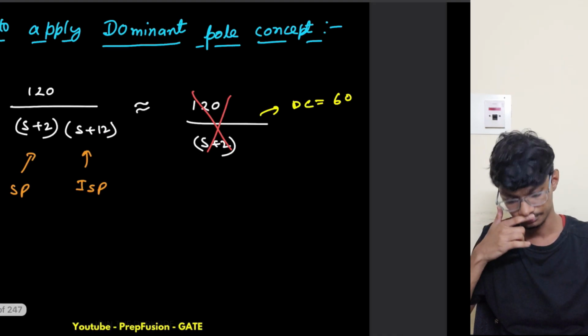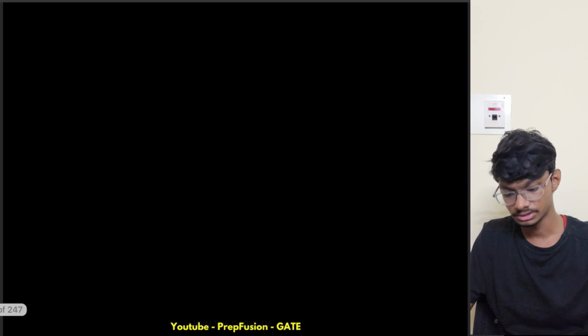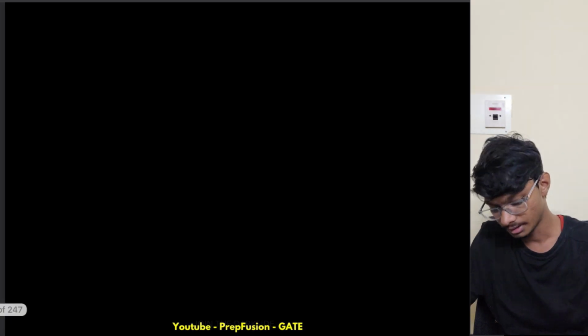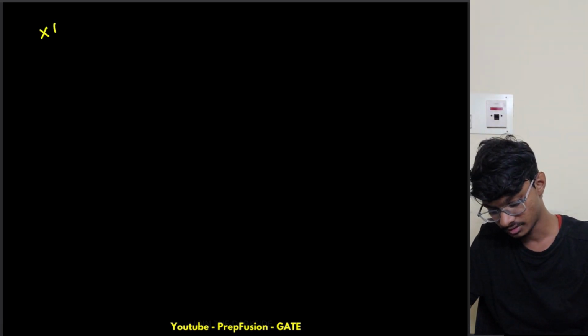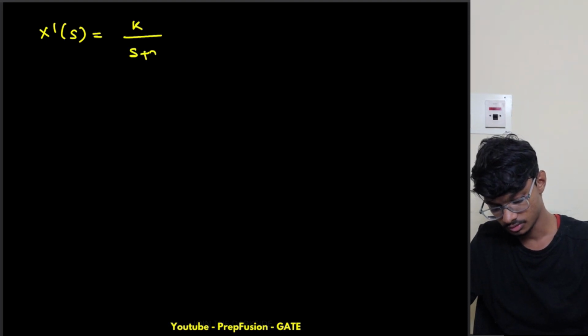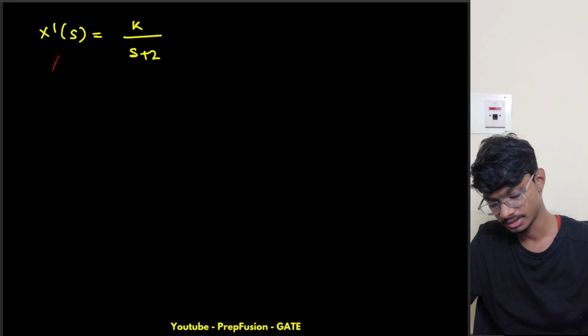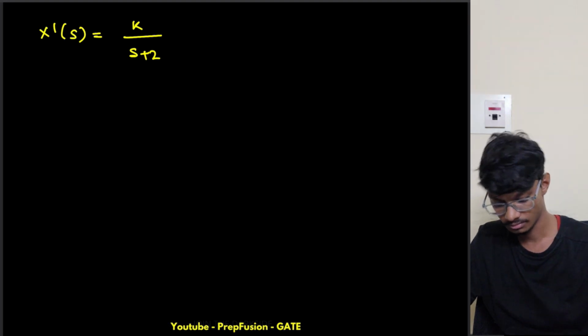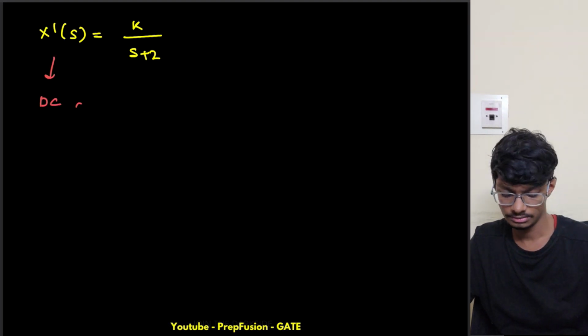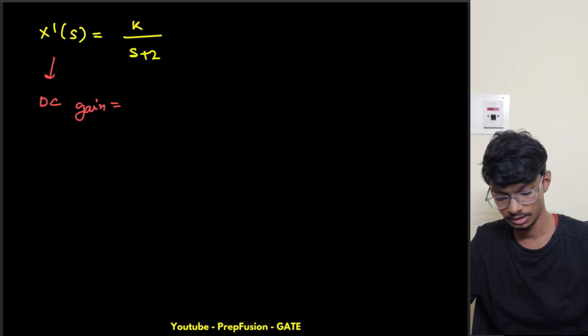So what I will do is simply write here that x dash of s equals k by s plus 2, and the DC gain for this should be the same. So DC gain equals 5.